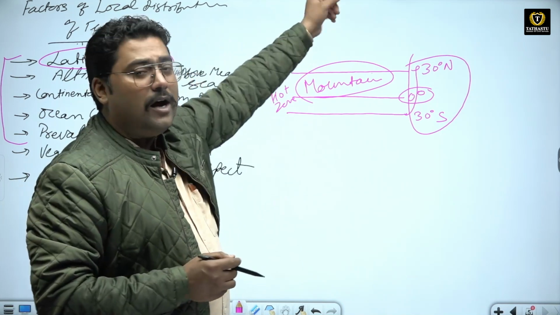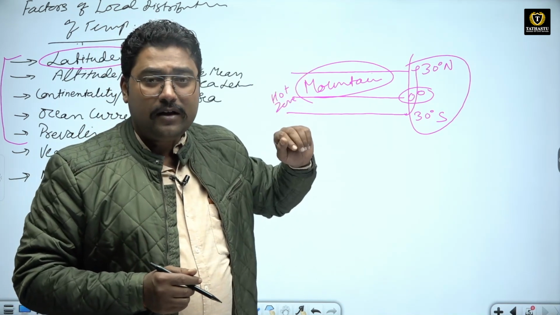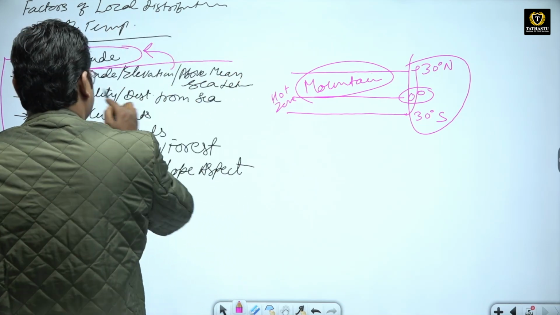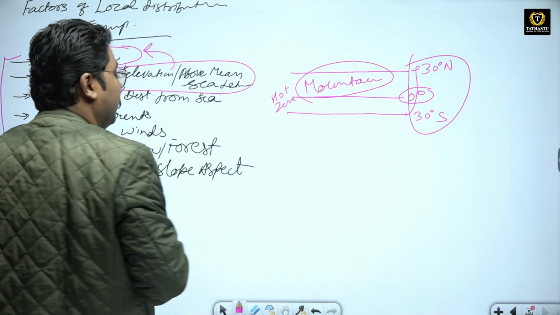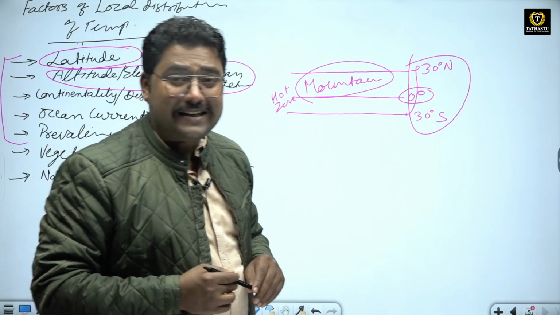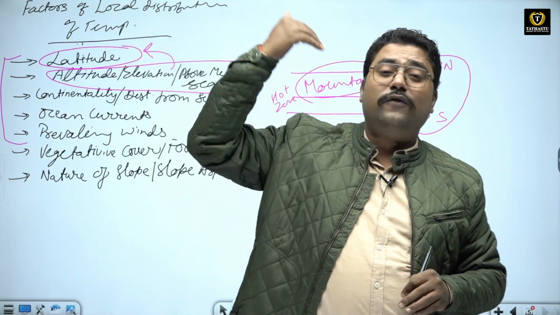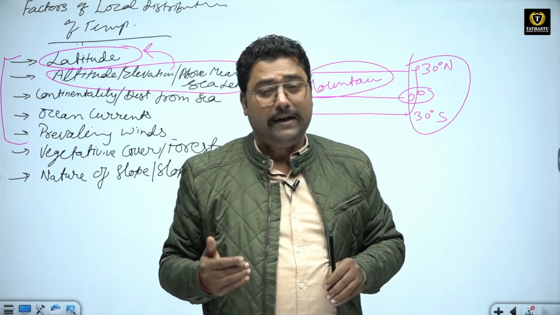It will be Mount Kilimanjaro. So as you can see, the location of the place above mean sea level is basically overriding the effect of the latitudinal extent of that place.